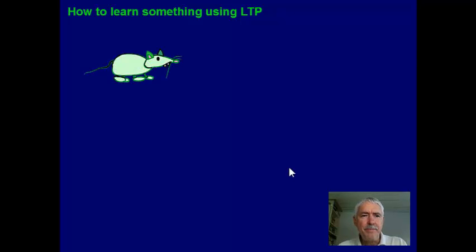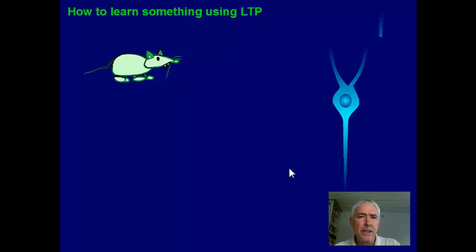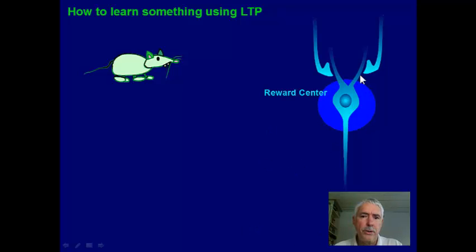Here's our rat. Now this rat has a reward center in the brain, and in the reward center you find neurons, pyramidal type neurons, and various innervations are coming into these neurons. So this is just one example of one of the neurons in the reward center.